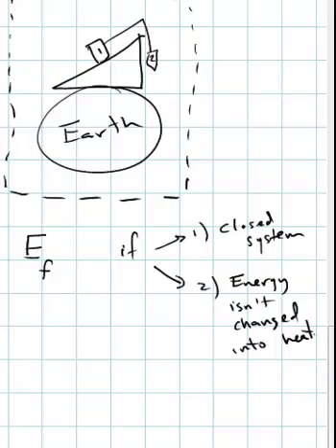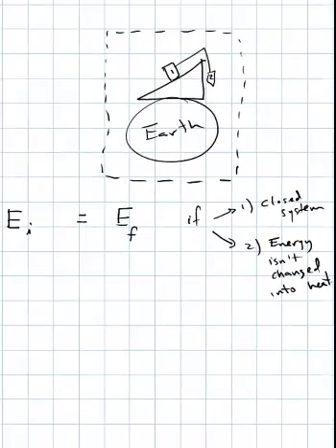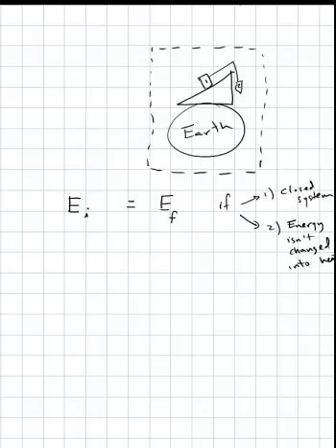And energy is changed into heat by non-conservative forces like friction and air resistance. Okay, so we want to deal with more real-world problems. So we need to be able to account for external forces and heat, friction, and air resistance, non-conservative forces.